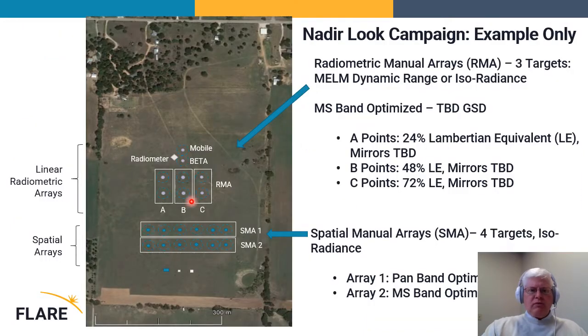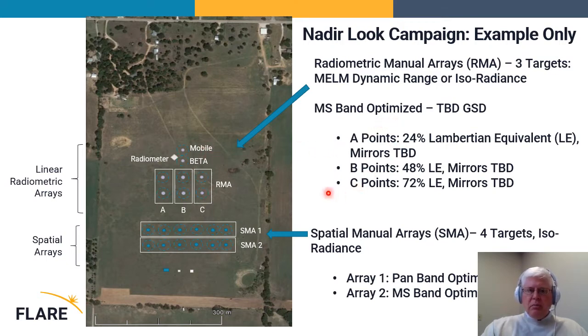So again, a bit more of a blow up here on what a nadir look campaign might look like. Here we see several arrays laid out. Again, this is just the same picture from the last slide, but blown up. We have radiometric manual arrays, these down here, in addition to the automated stations.